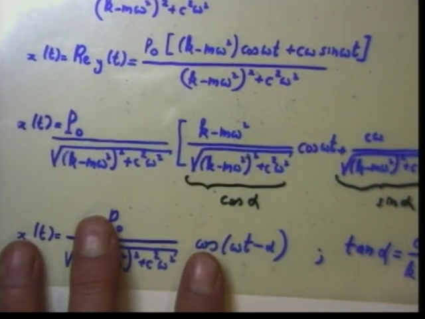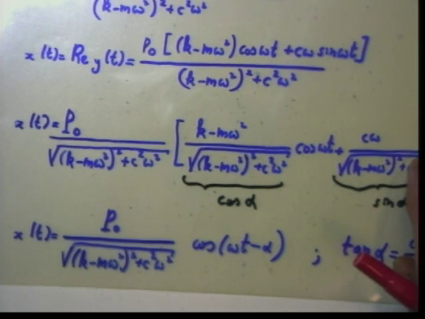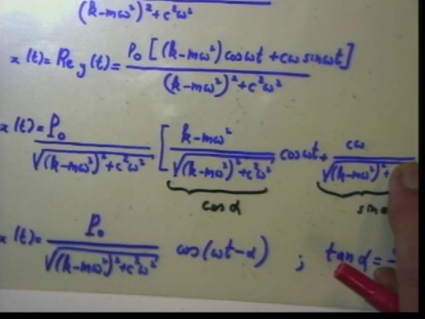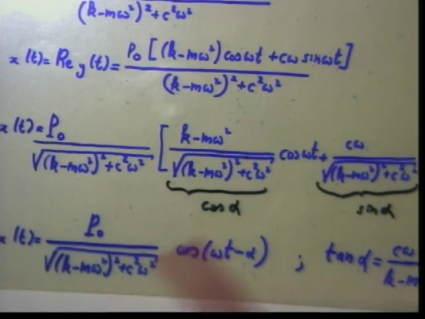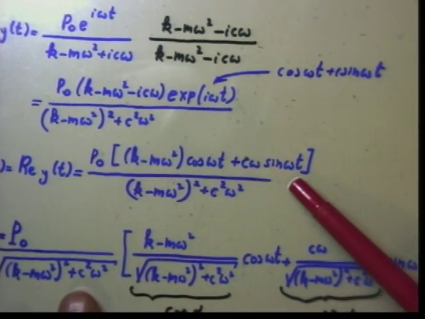Now pay attention. Please, first you listen to me, then you write. Over there is cosine omega t and sine omega t.